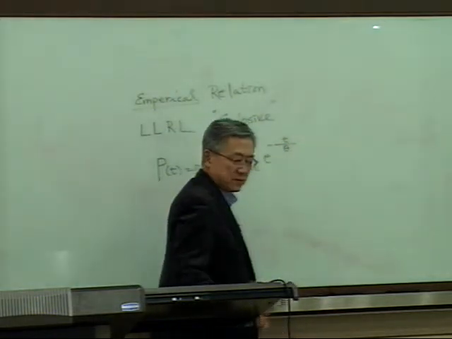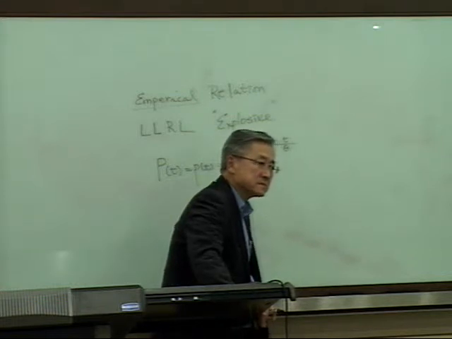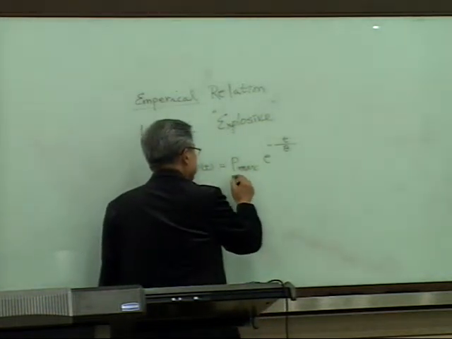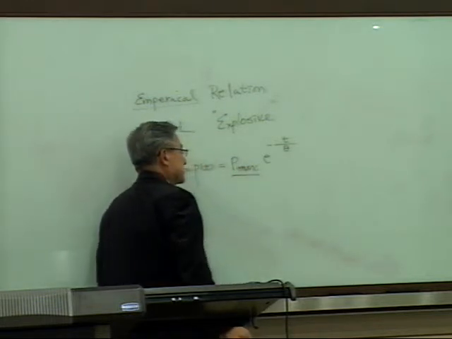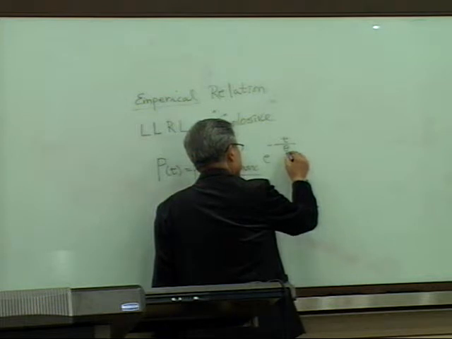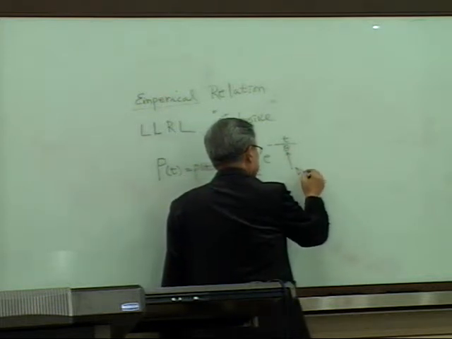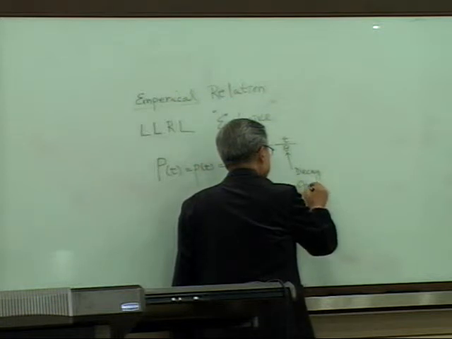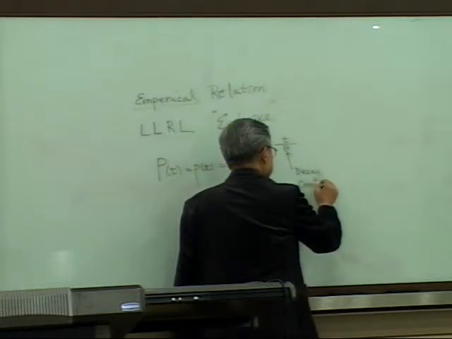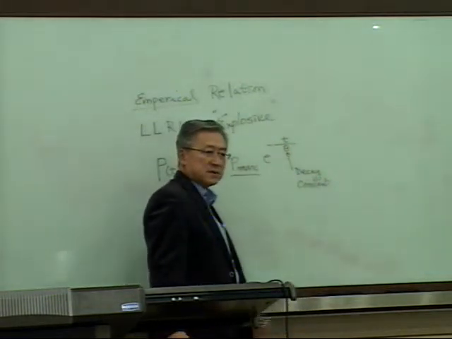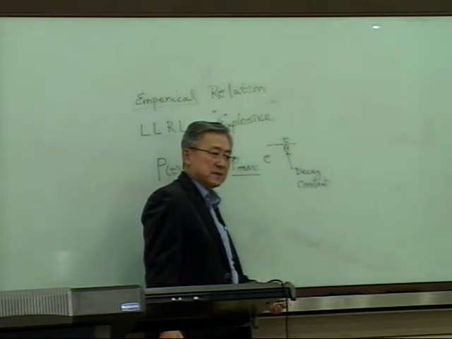Think this way first. P max is the maximum pressure, and theta is called the decay constant. Words to remember: decay constant. T is time. E is the exponent, right?